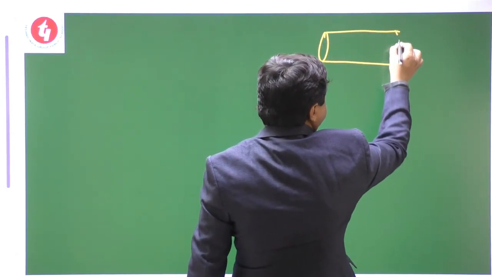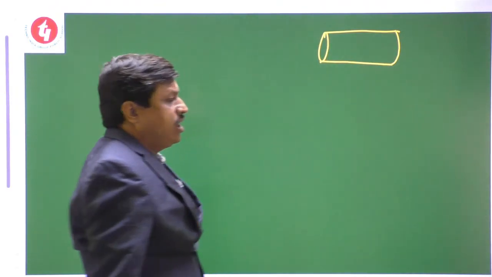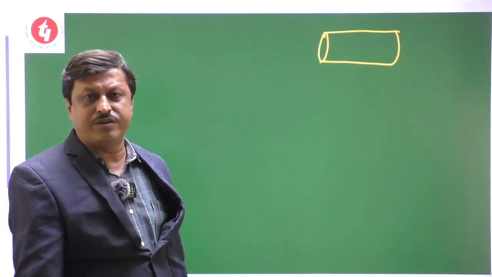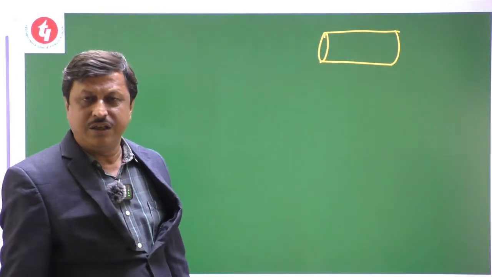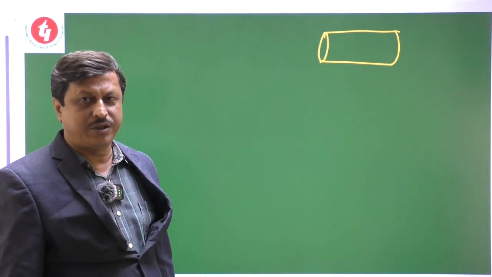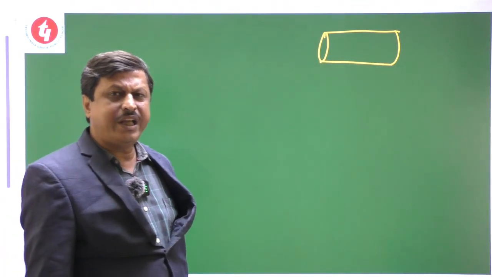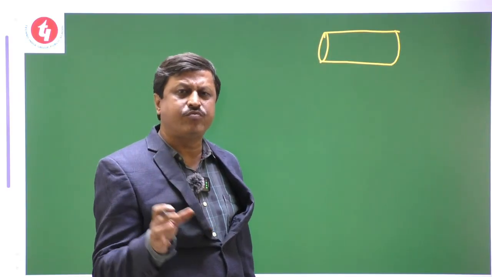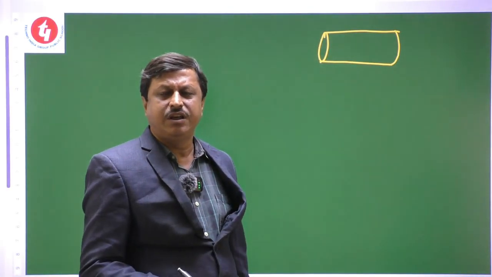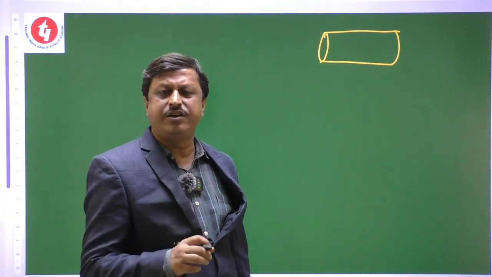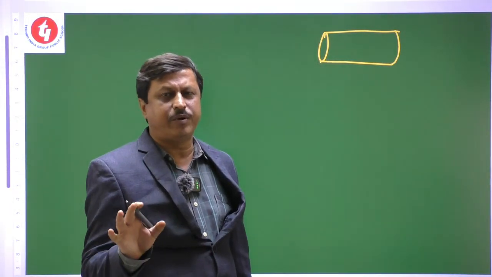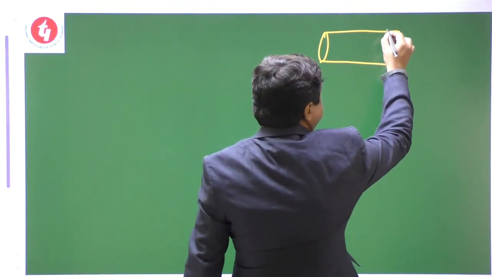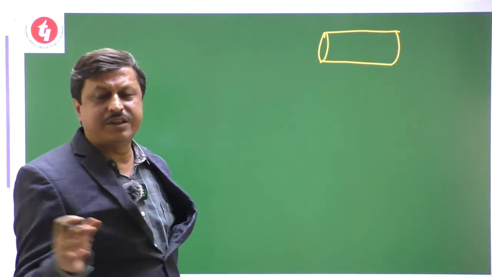So we will discuss basically the motion of electrons through the conductor, which is accelerated motion, right? But we can assume that all the electrons move with the same velocity, that is called drift velocity. There is no problem. So we can assume electrons move with a uniform drift velocity.